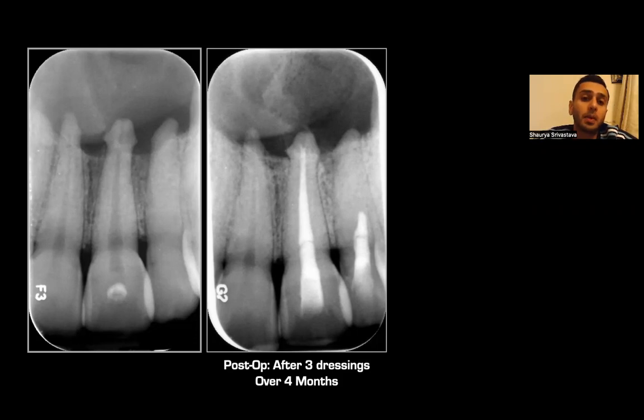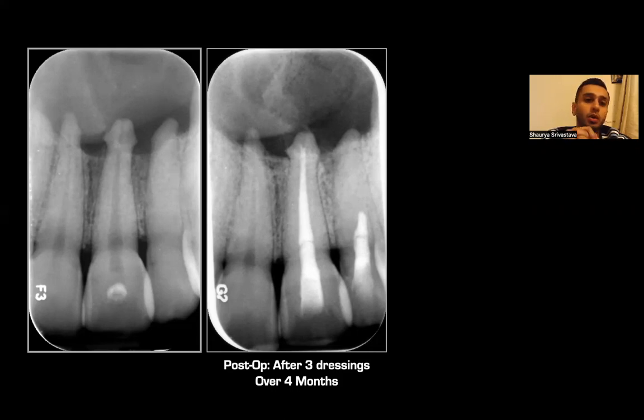But the plan was that we're going to review the patient back in 3 to 6 months, because in all likelihood, this is going to need surgical intervention because the size of the lesion is massive. That upper left 2, given the history of trauma, calcification, size of lesion, just tells you that probably it's involved as well.